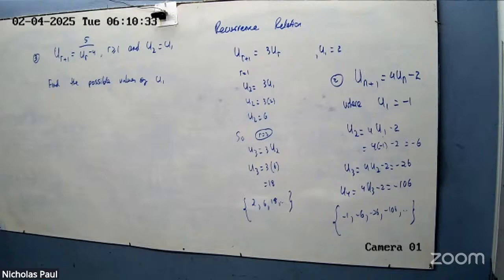The only thing I can give you is to find U2. Use the formula and find U2, and then something magical will happen. So find U2.